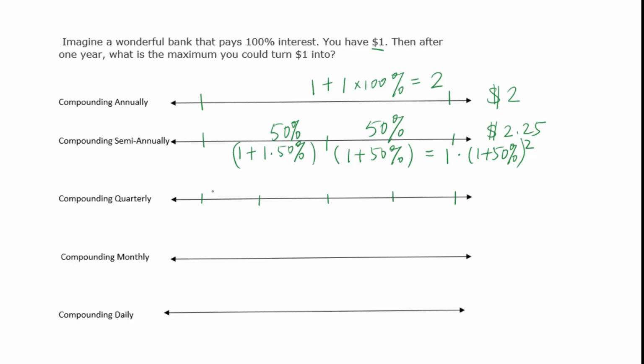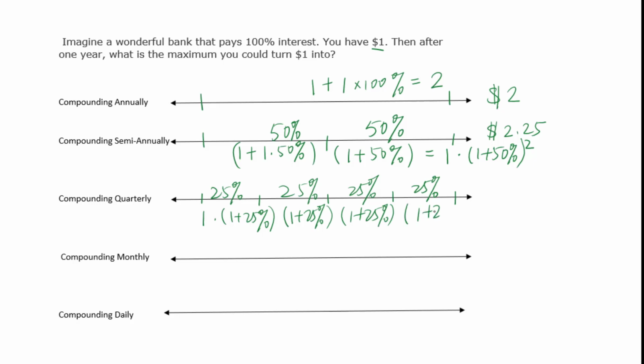Compounding quarterly, the interest will be calculated 4 times in a year. Each quarter will earn 25% of the interest. All the interest will be reinvested. So we have 1 times 1 plus 25%. Then times 1 plus 25%. 1 plus 25% for the third quarter.